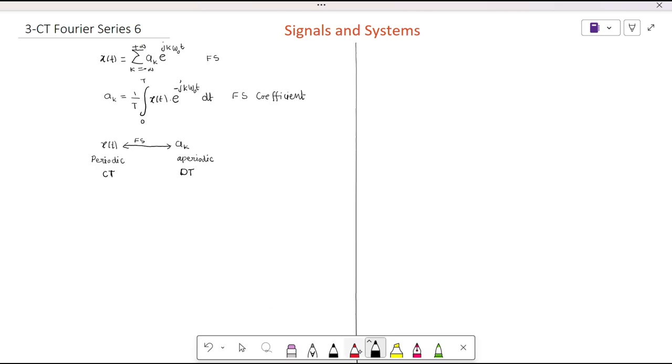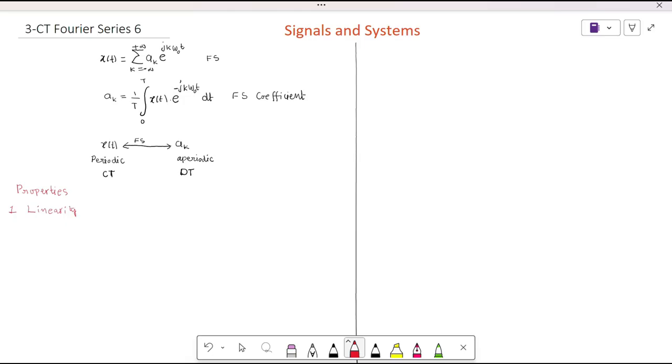Now we are going to discuss the properties. The first one is linearity.